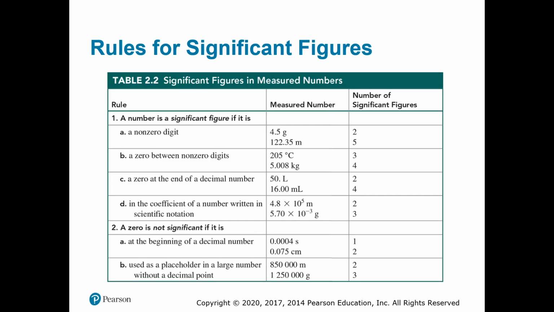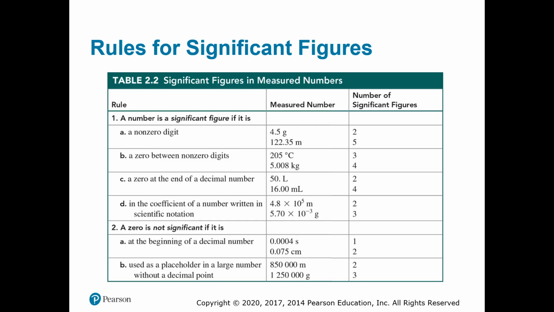Okay, so this is a relatively hard to read thing, but very quickly, and then we'll go through them individually. Anything that's non-zero, any 0 between the non-zeros. So if I measure something that's 205 degrees, that means I'm sure that's 0 because I had to be that good to get to the 5. So we have to be able to say that a 0 within a measurement between non-zeros actually does count.